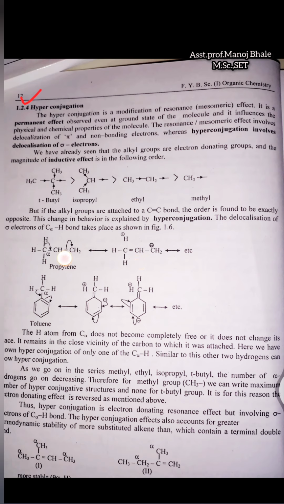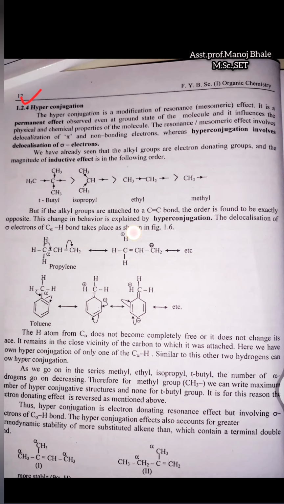Simultaneously, this double bond is converted to single bond with donation of the electron to this one carbon. You can observe there is a minus sign. Minus sign indicates there is one extra electron present on this carbon. So this is about the breaking of this bond which is adjacent to the double bond. We can also break another carbon hydrogen bond also. Any one hydrogen bond we can break here and convert to the double bond here.